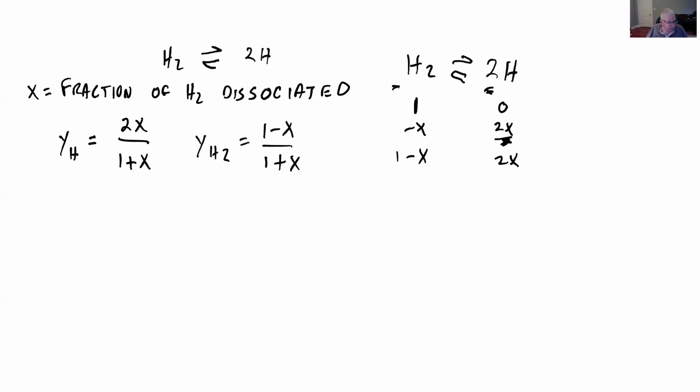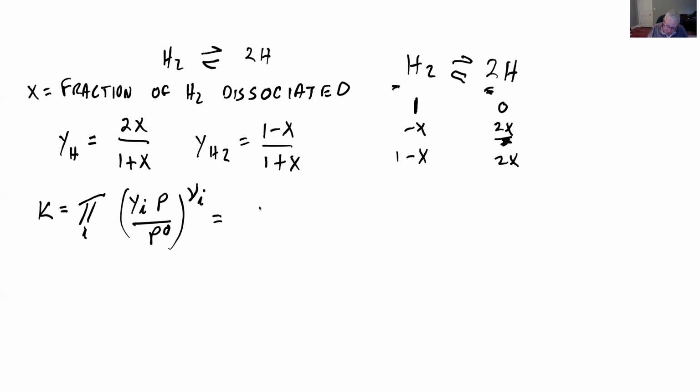We can connect the mole fractions to the equilibrium constant, okay? Remember that if you wrote your equilibrium constant in terms of the mole fractions, then this is equal to the product of Y sub i, the mole fraction, times P over P naught, with each one of those raised to the exponent, the coefficient, right?